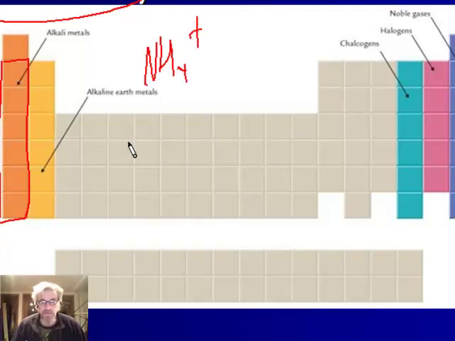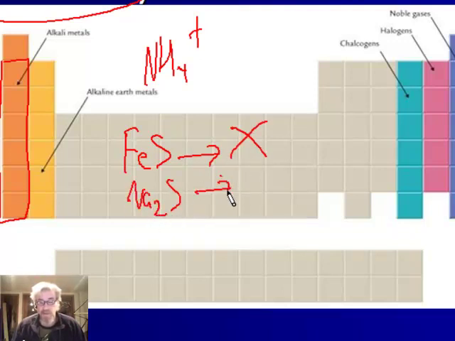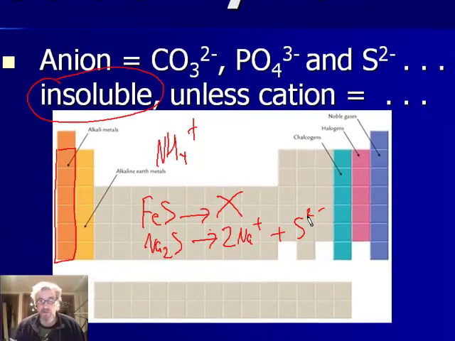So, for example, if I had iron 2 sulfide and I put that in water, sulfides are almost never soluble, and so nothing would happen. But if I had sodium sulfide, Na2S, this is one of the few exceptions in which it would dissolve, because sodium is a group 1, and that would give me ions in solution.